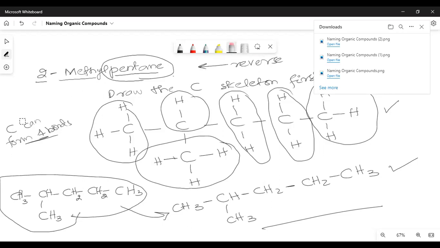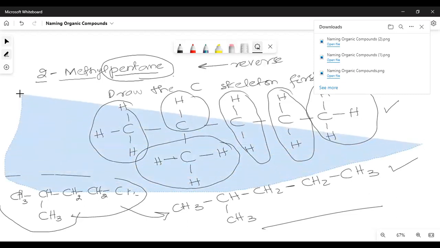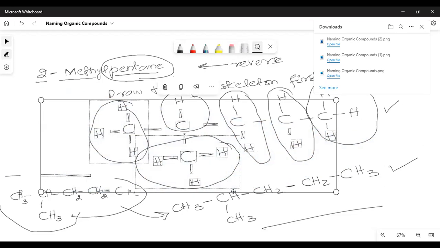I am going to clear this entire thing up. Remember, carbon can only form 4 bonds, no less, no more. In fact, going to move this entire area.